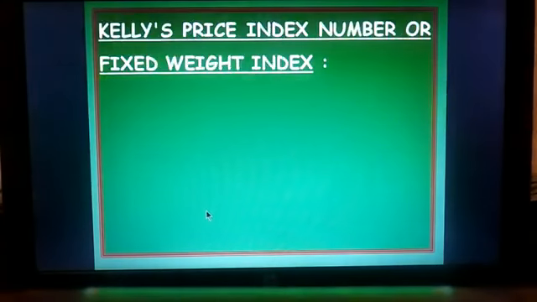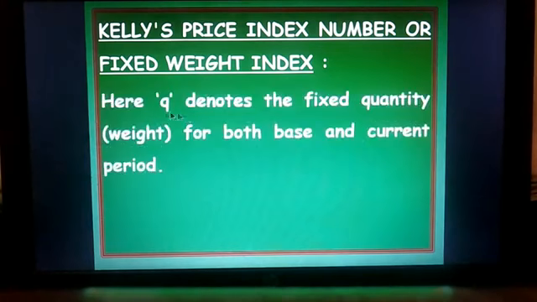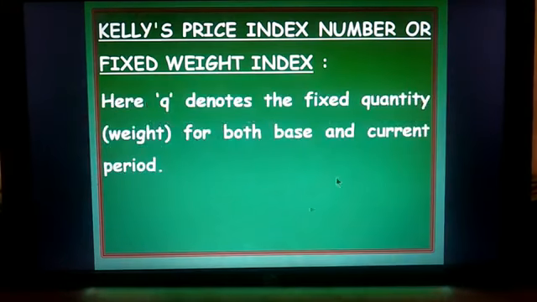Kelly's index number, or Kelly's price index number, or it will be called a fixed weight index. Since it is a fixed weight index, we will not be using here either Q0 or Q1. Only simply Q will be used as the fixed weight. So here Q denotes the fixed quantity or a fixed weight for both base and current period.